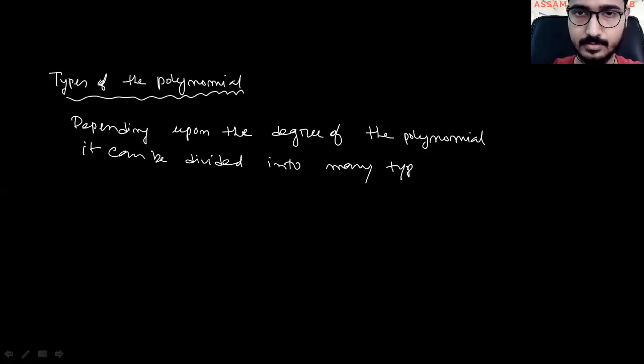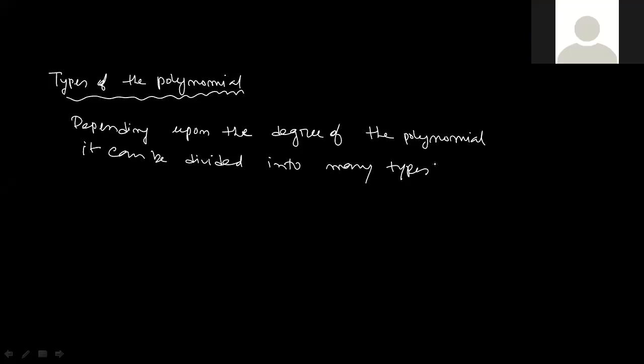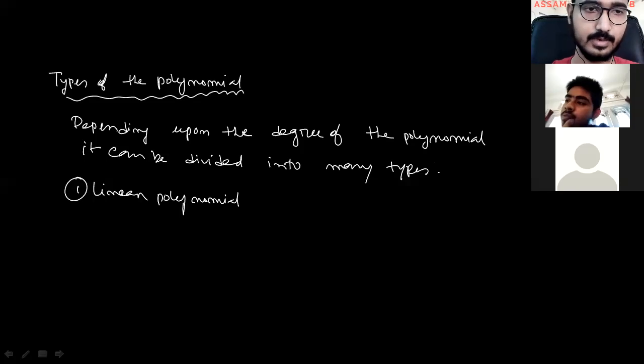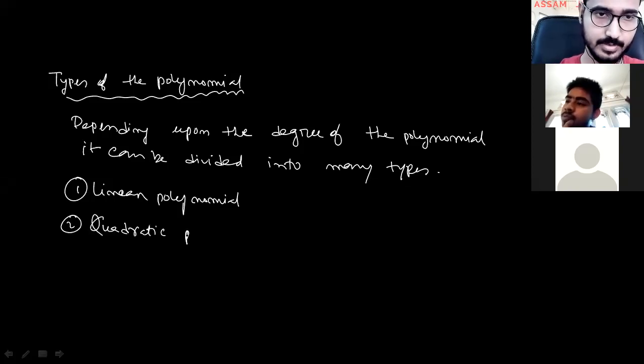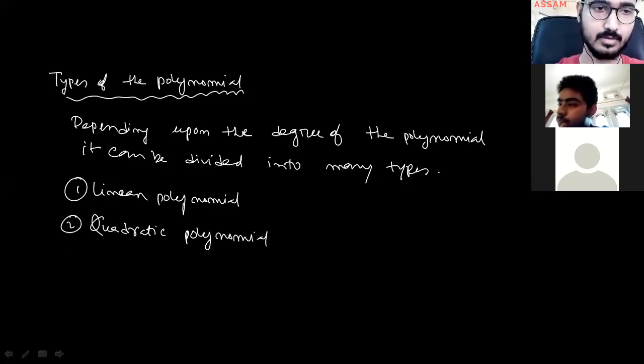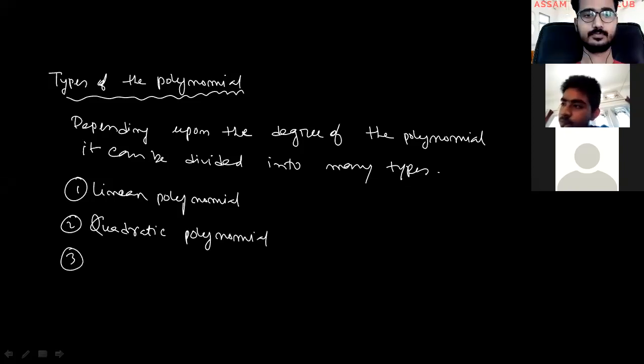Aswati, can you hear me? Number 1 is your linear polynomial. Number 2 is your quadratic polynomial. Number 3 is your cubic polynomial.